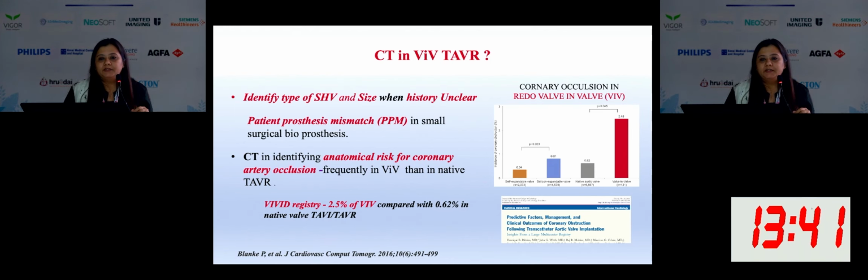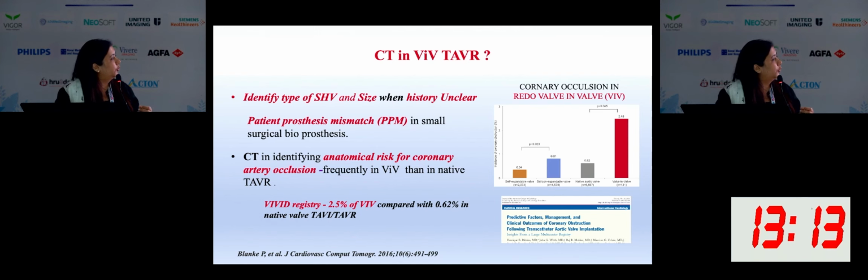But when it's unclear, you need to identify what kind of valve is put in through your imaging and also determine the size. Why is it important? Because patient-prosthesis mismatch is a very important point to consider here. If you're going to put a very small valve inside a patient whose physiology needs more, the size is too small for that body surface area, then you would probably land up with a restenosis. So that is one of the important points.